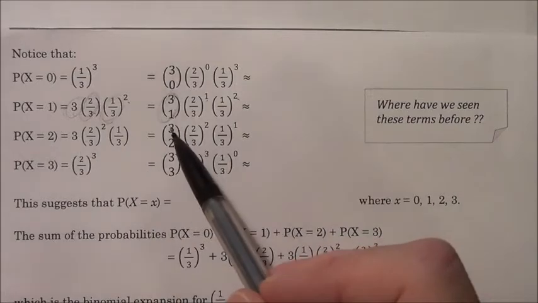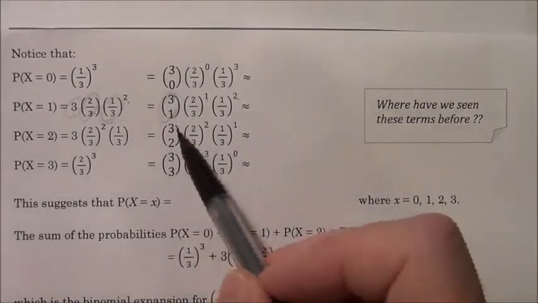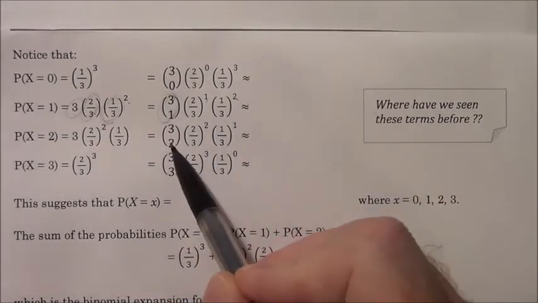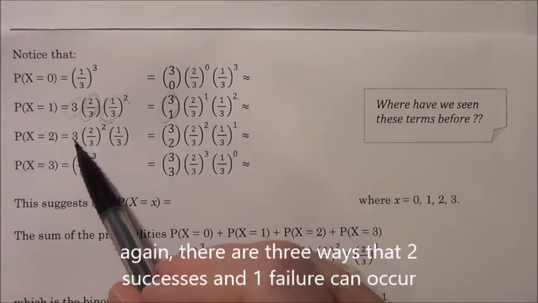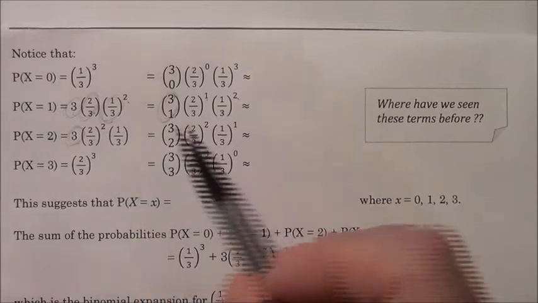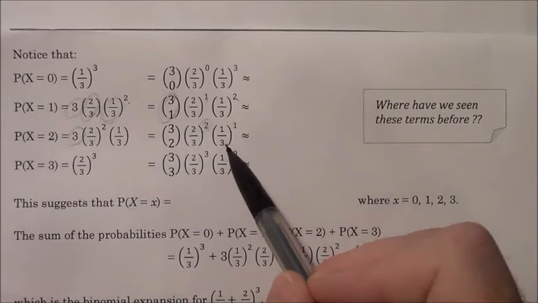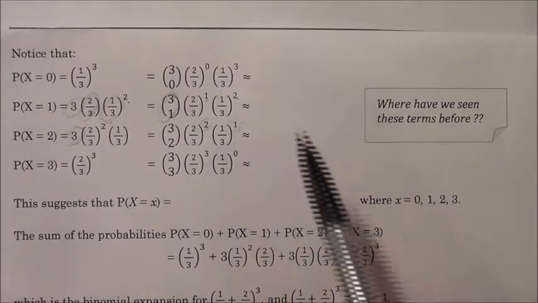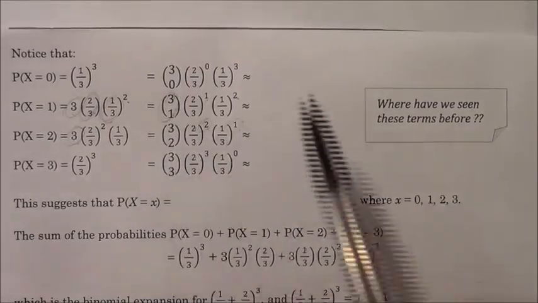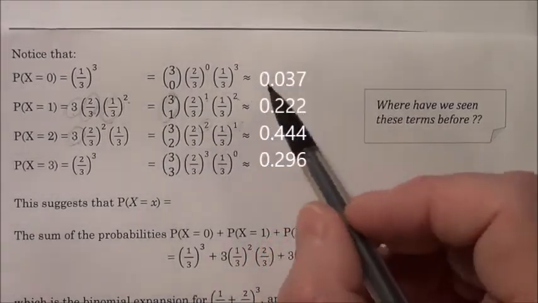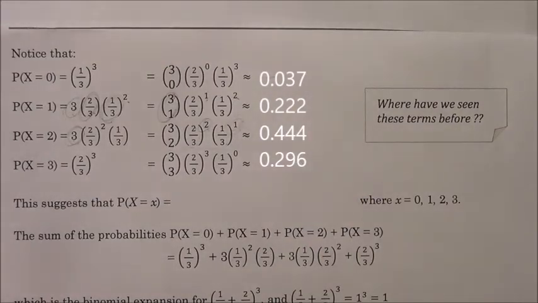And then, looking at combinations notation, 3 choose 2 gives us the value of 3, and the 2 successes this time is 2/3 squared, and then 1/3 to the power 1 will give us that outcome. We can calculate all these together. I just haven't got all these values written down here.